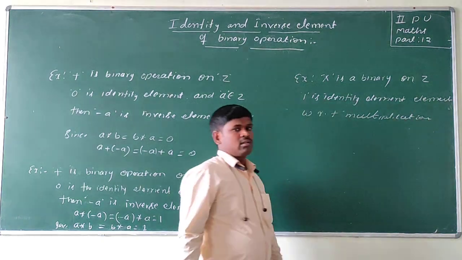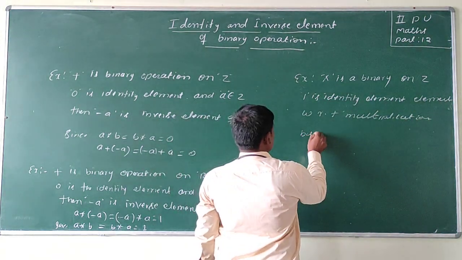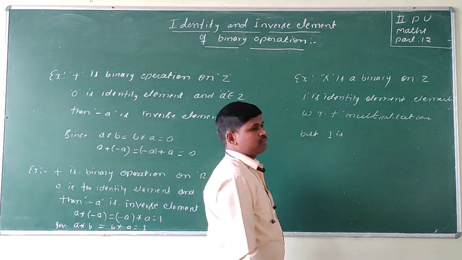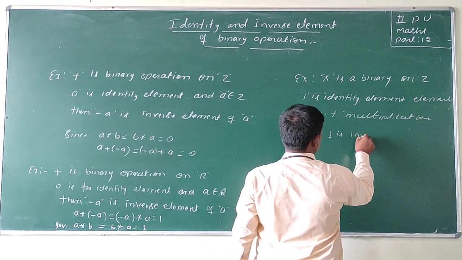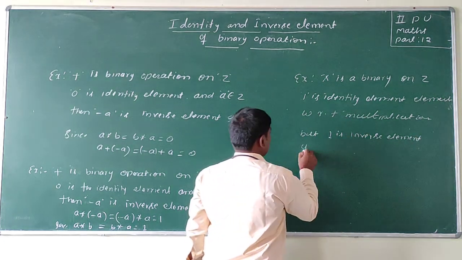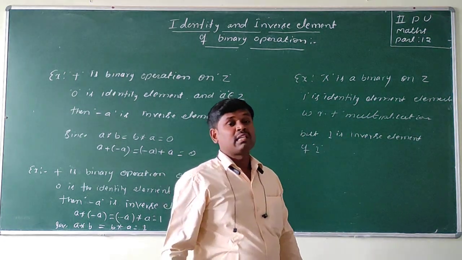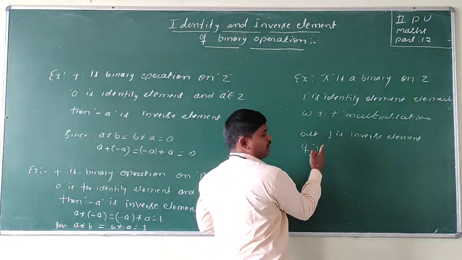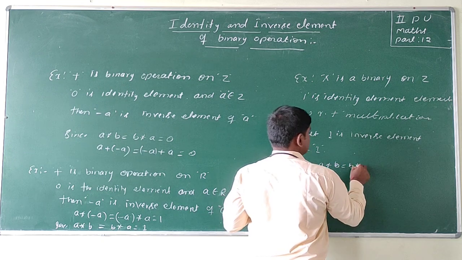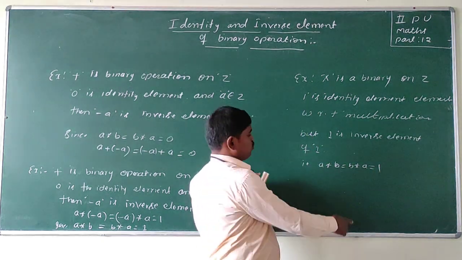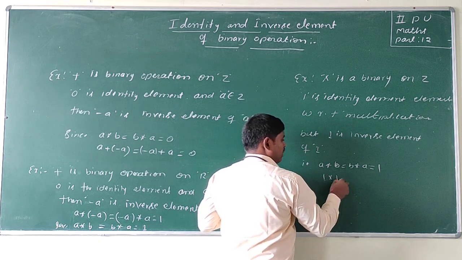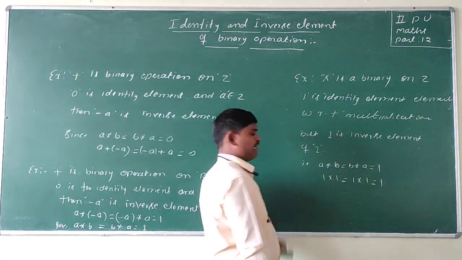So 1 is the inverse element of 1. No other element satisfies the condition a star b is equal to b star a is equal to 1. This is only possible if 1 into 1 is equal to 1 into 1 is equal to 1 only.